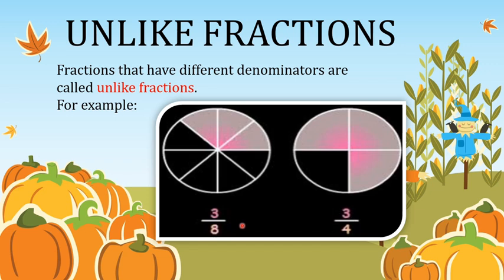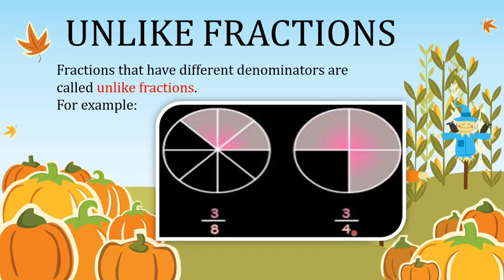But here, unlike fractions don't tell you that the numerators need to be the same or different. Unlike fractions are fractions with different denominators. We have to only see the denominators, not the numerators. So what are we seeing over here? Here the denominator is 8 and here the denominator is 4.